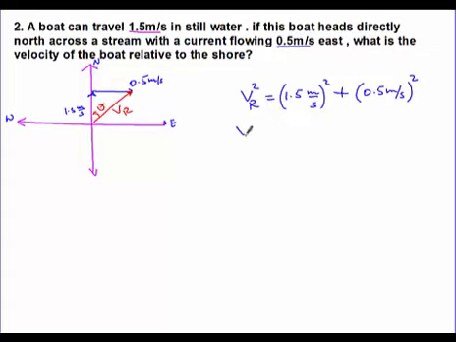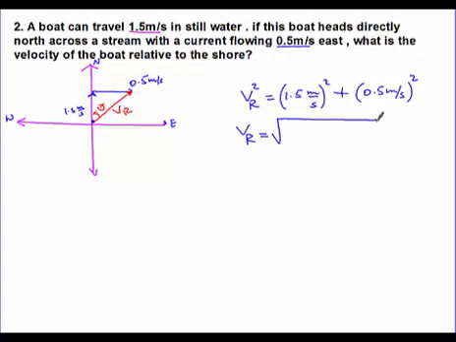The resultant speed, or the velocity of the boat relative to the person on the shore, is the square root of both sides.